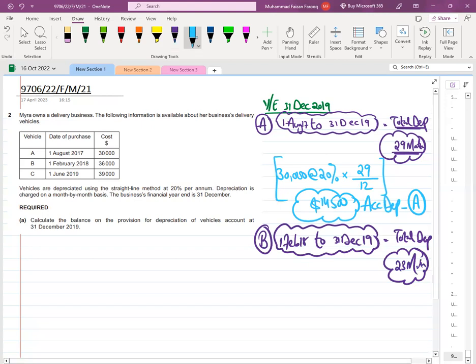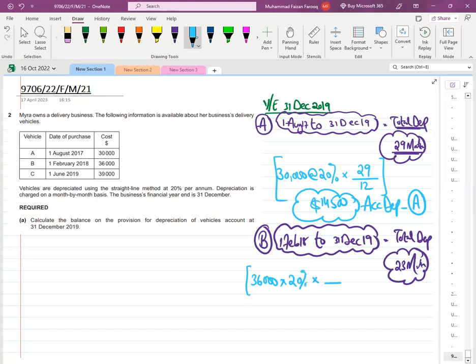The cost is 36,000. Depreciation is 20% for 1 year, means 12 months, and we are trying to compute it for 23 months. In the straight line method the depreciation will remain the same. That's why we can apply this shortcut. The answer is 13,800.